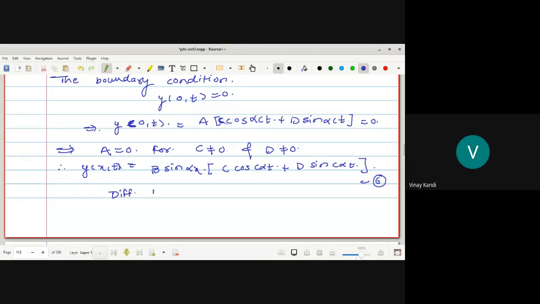Differentiate with respect to t. So what we get? y_t of x,t.